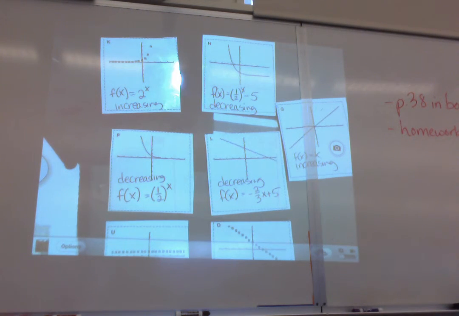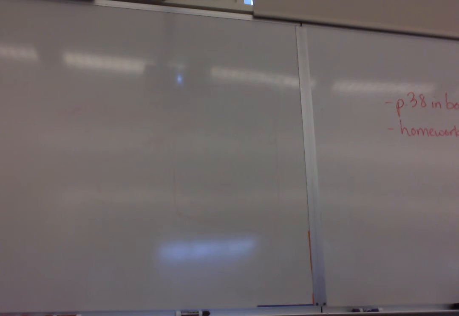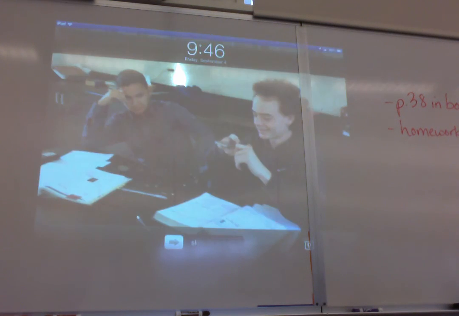Okay, right at the end of the day yesterday, we noticed there were a couple different ways to group things. One way that we grouped them was by linear and curved.